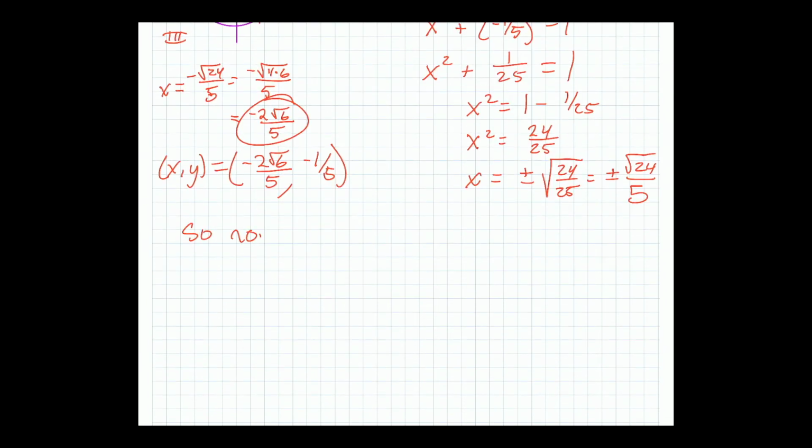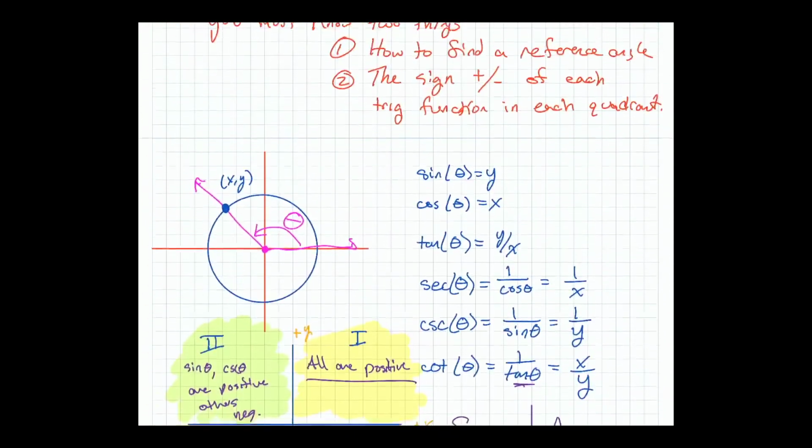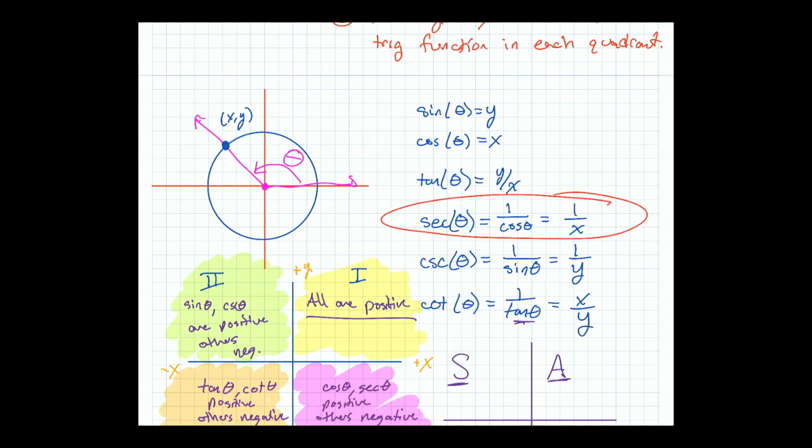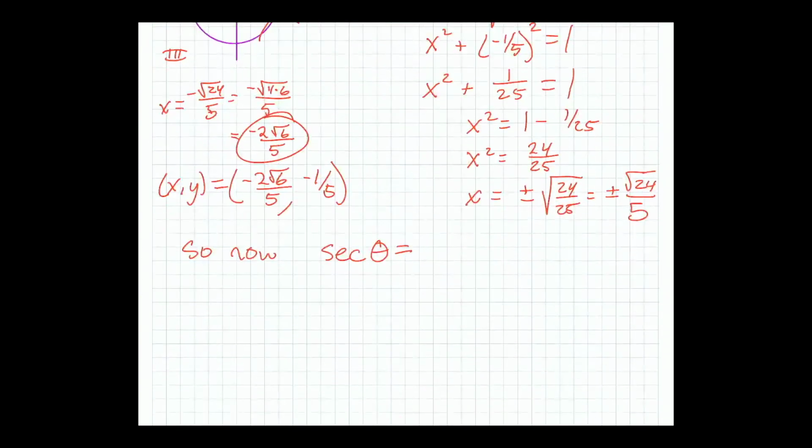So now, secant theta is, according to my formula, 1/x. So secant theta is 1/x, which is 1 over this thing, -2 square root 6 over 5. Now, whenever you divide by a fraction, you should change it to multiplying by the reciprocal.